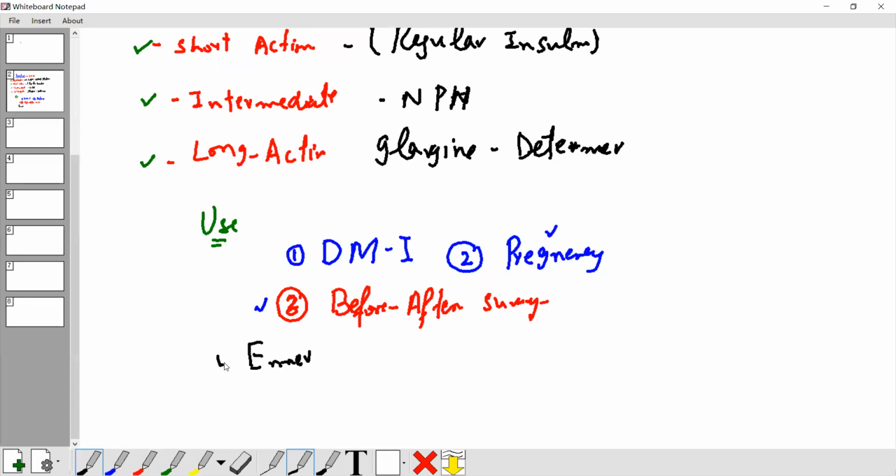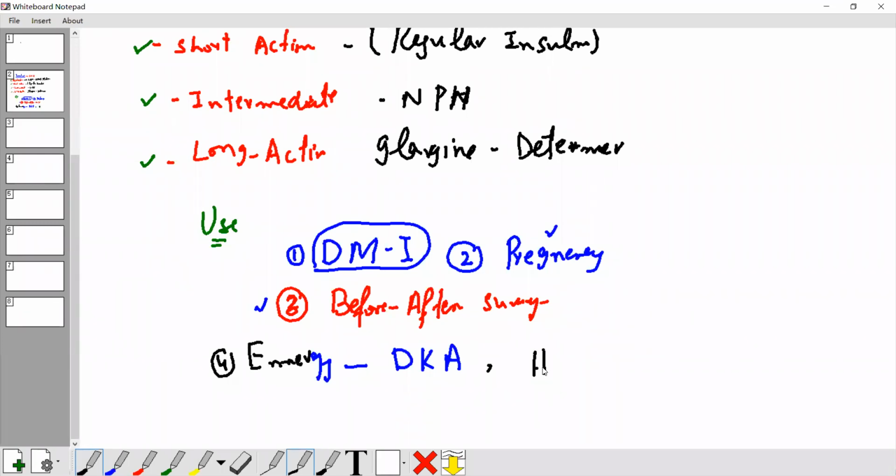In emergency, what are the diabetes emergencies? The emergency to control the sugar level, for example, in case of DKA. Diabetic ketoacidosis is a complication of type 1 diabetes, and it can occur in late stages of type 2 diabetes.